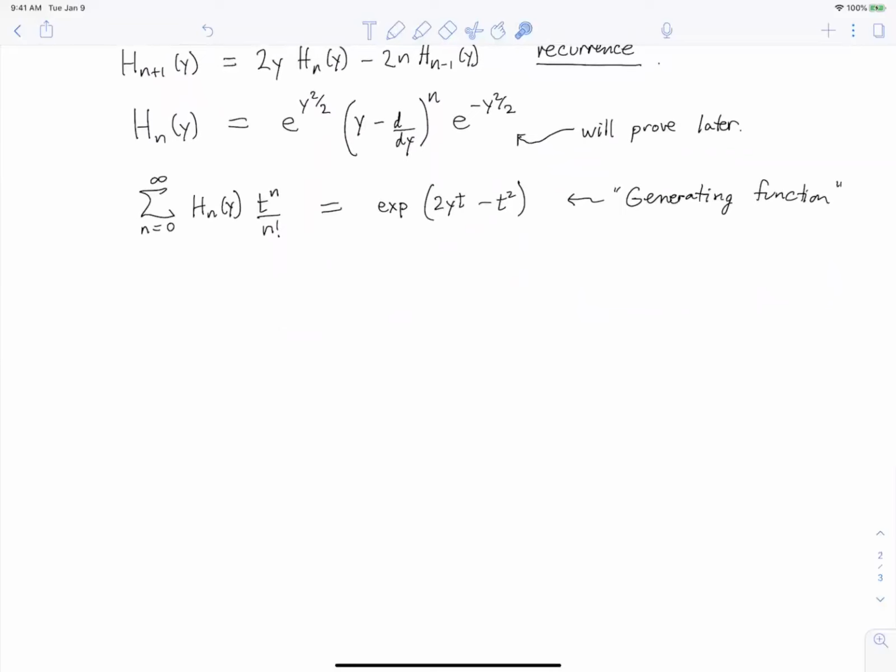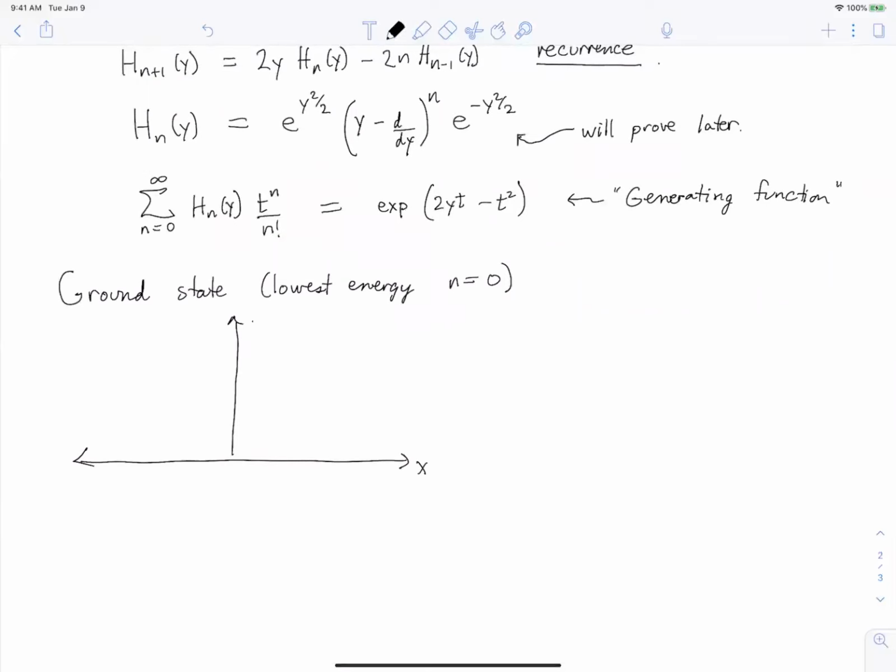As some examples, let's look at the ground state. Ground state means lowest energy, which in this case is n equals 0. I'm going to graph the wave function as a function of x.